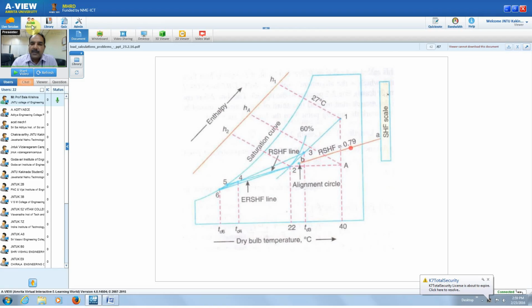That is 0.79. If you draw a straight line to this, where it coincides is 0.6. You will see one by one analytically also. So first of all, you know how to find point 1, point 2 and point A.